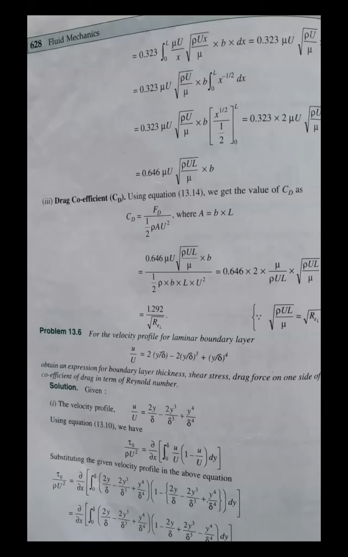The one having two terms we have seen in the last problem, and one having a single term we have seen at the beginning, and this third problem with velocity profile having three terms, 2 into y by delta minus 2 into y by delta whole cube plus y by delta whole power 4. And for this velocity profile, you have to find an expression for boundary layer thickness, shear stress, drag force, of course on one side of the plate, and coefficient of drag in terms of Reynolds number.